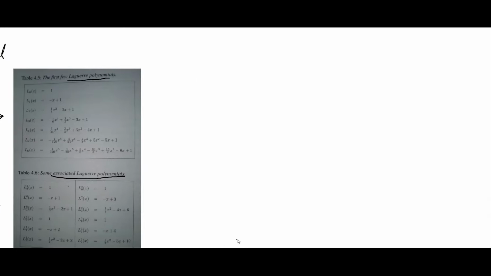But essentially, remember, our solution was our u, which was a function of rho, was equal to rho to the L plus 1, and then e to the minus rho. Then we had that v that was a function of rho there, and that is our Laguerre polynomials.